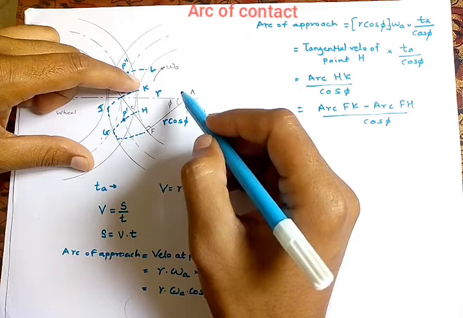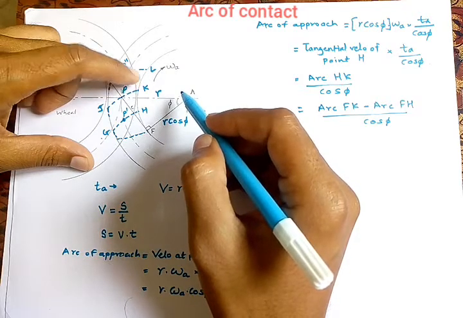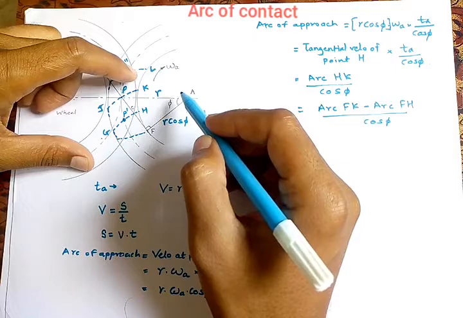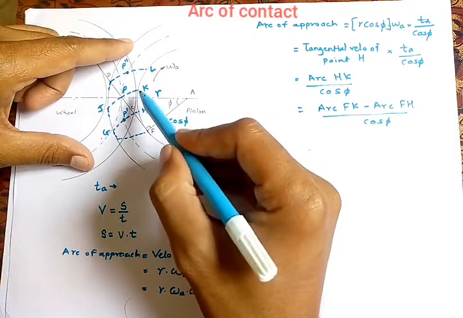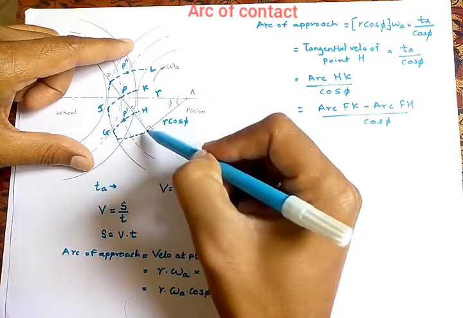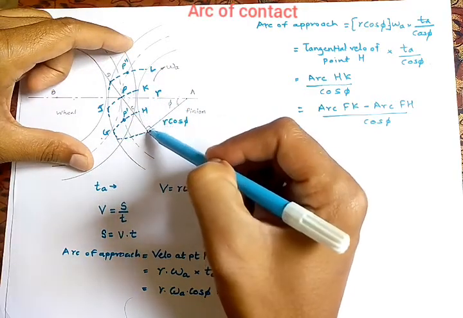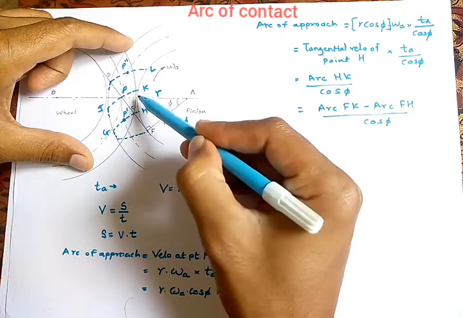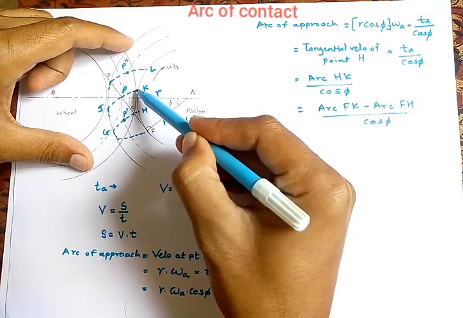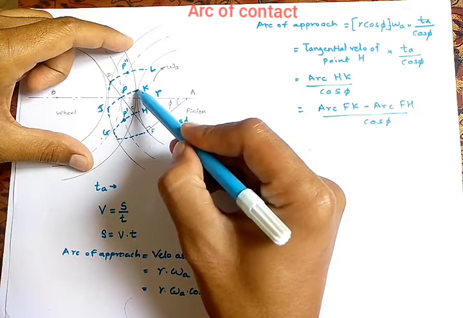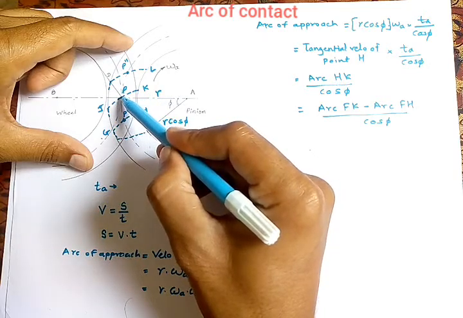We know the involute is the path traced by the end of a taut cord which is unwound from a circle. So if we consider a taut cord unwound from this circle, then if I unwind the end of the cord from point K, it will take the position P, right?